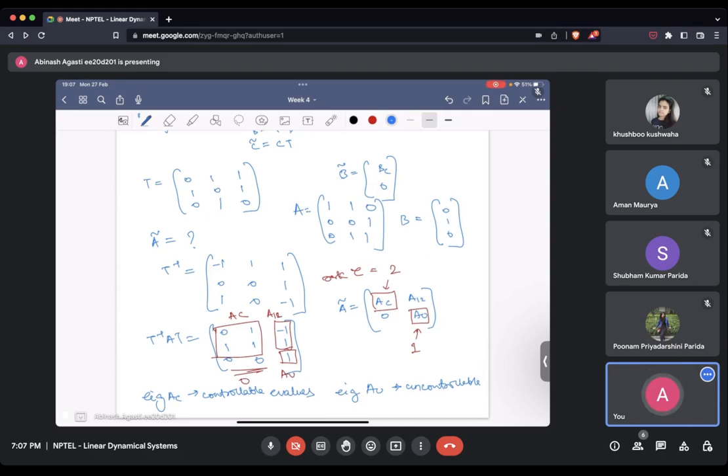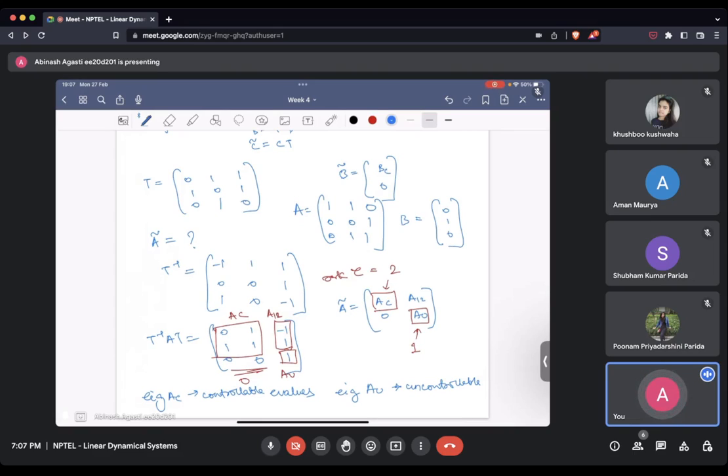Why? Because the controllable eigenvalues we can control, so we can place them anywhere we like. But the uncontrollable one we can't. So if that is strictly negative, then the system corresponding to that eigenvalue will at least go to 0 on its own, even if we can't control it. So that is the idea behind stabilizability.